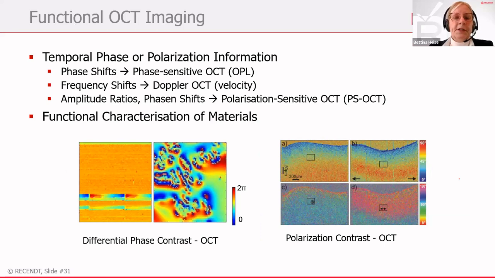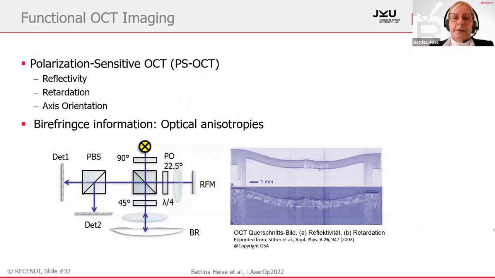What is also encoded is information about polarization and optical anisotropies, which you also cannot see directly in a conventional OCT. Here in the upper image, you see nothing, no internal structure.